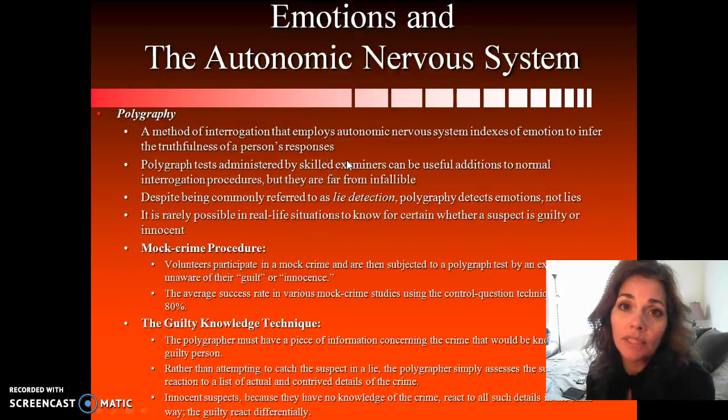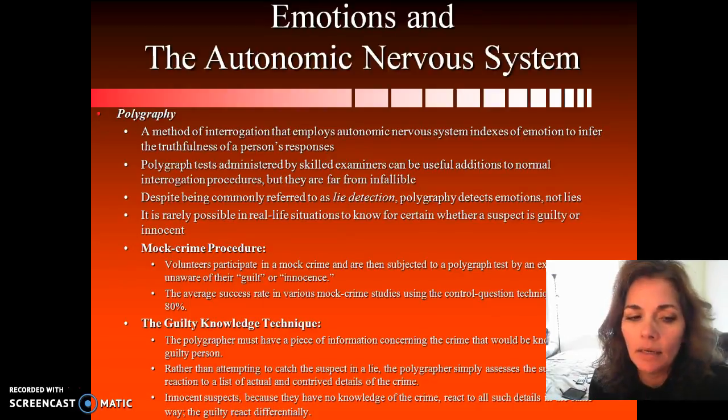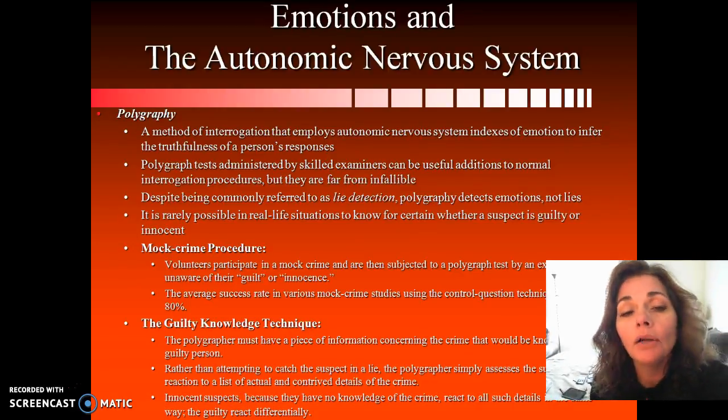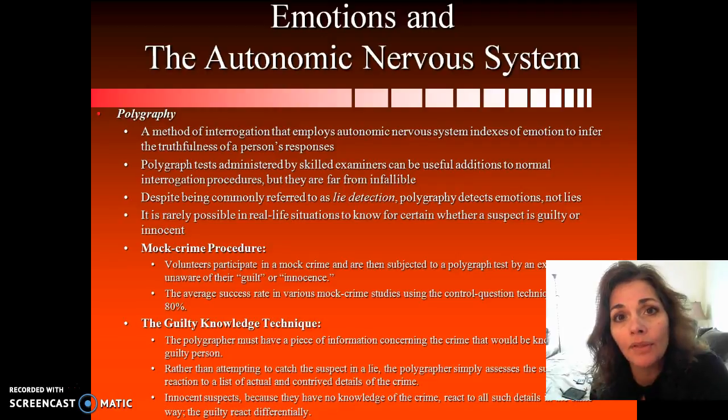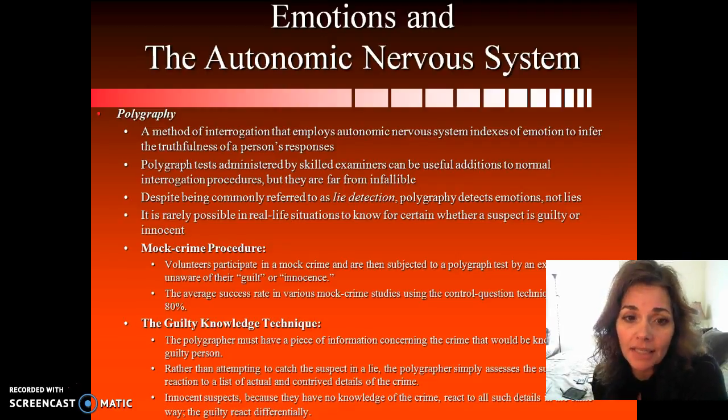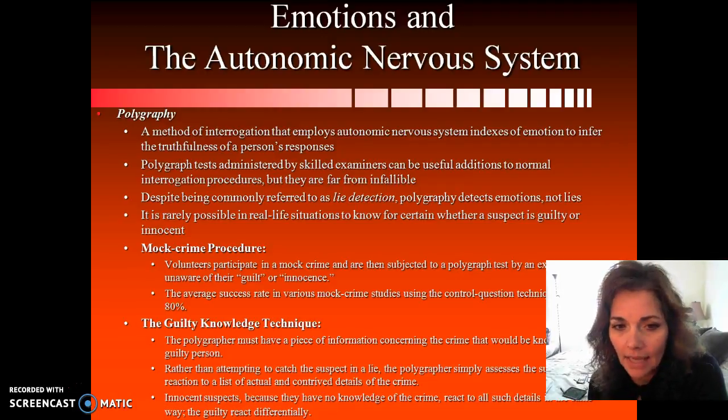Interestingly enough, when we talk about polygraphs, and again, this isn't in your book, it's just something I added for you, we think of them as lie detector tests, but we're really not deducing whether or not a person is lying. We're really reading the autonomic nervous system and those indicators for consistency across the tests.